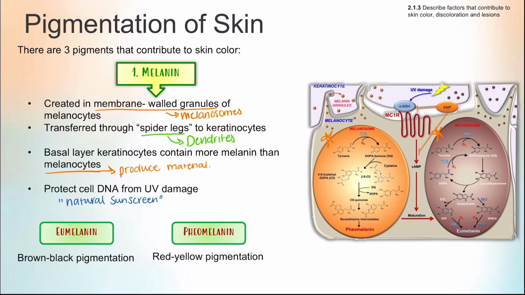When we look at UV damage, we have some harmful types of UV rays that can actually go in and denature or destroy the DNA within a cell. What can happen when this DNA is destroyed is what is called a mutation.